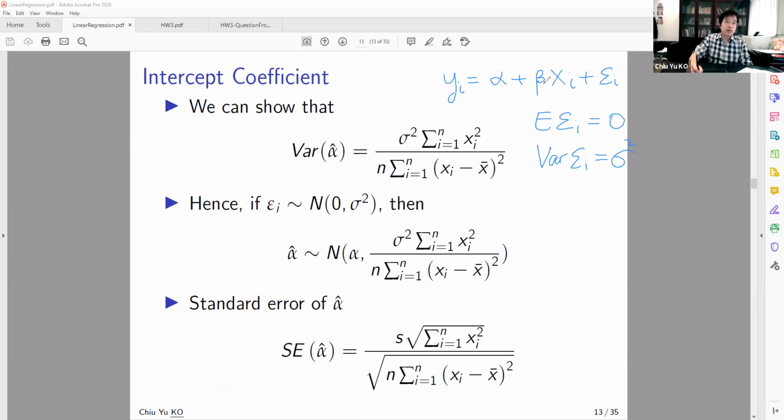And do note that the alpha and the beta are coming from x and y. And x is exogenous, non-random, but y is random. It's driven by this, right?